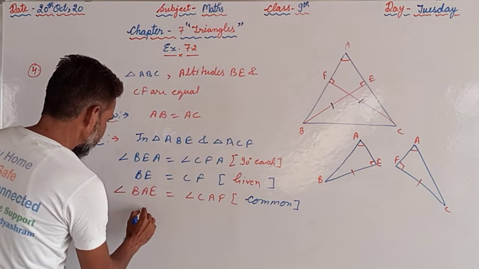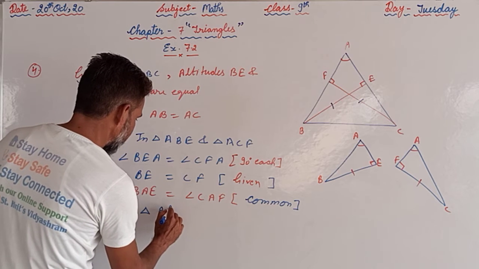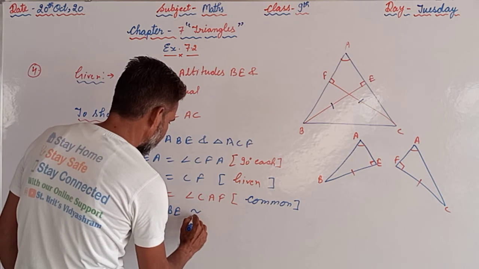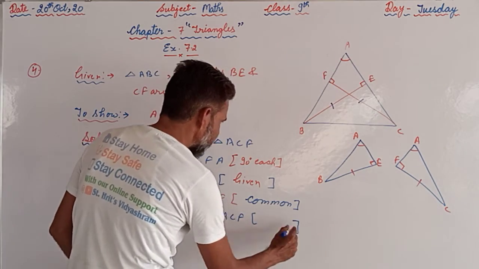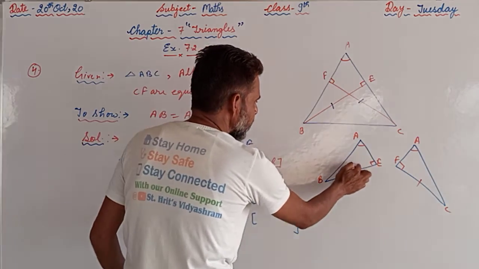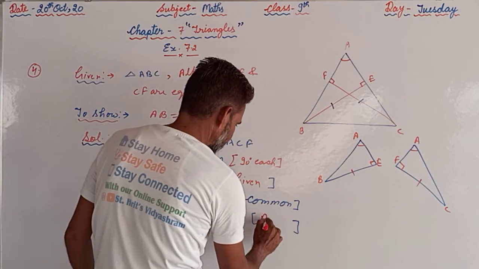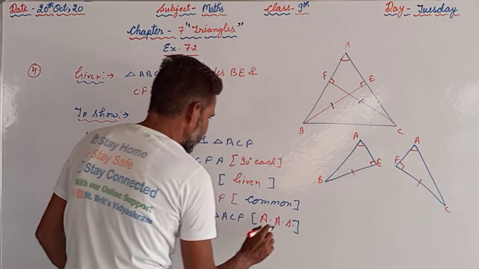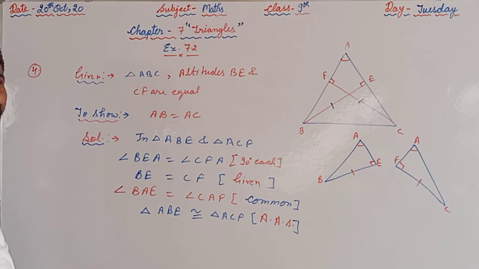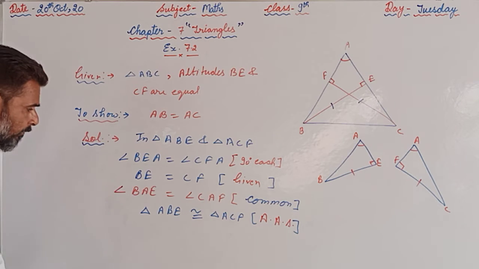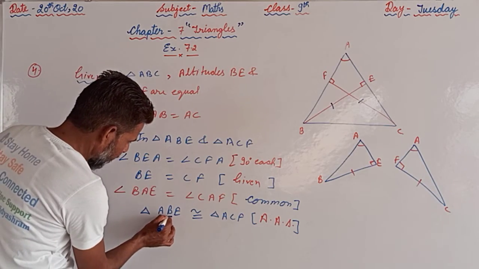Again the triangles are congruent. Triangle ABE is congruent to triangle ACF by which criteria? Again angle, angle, side. If the triangles are congruent, then the corresponding parts will also be the same. What do we have to show?